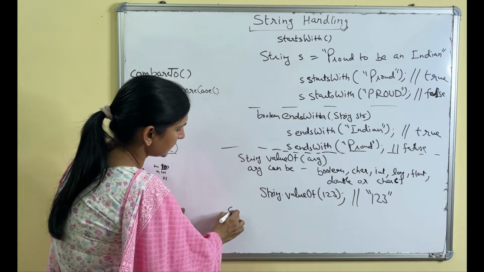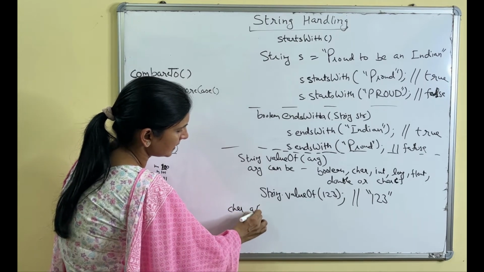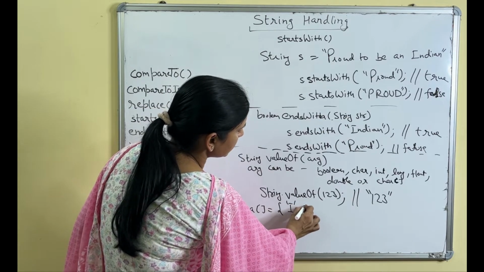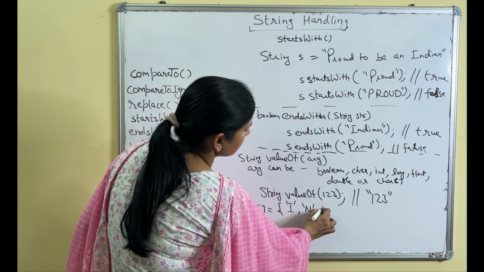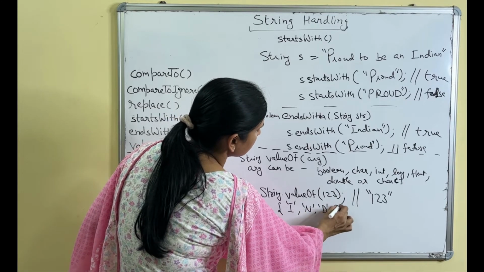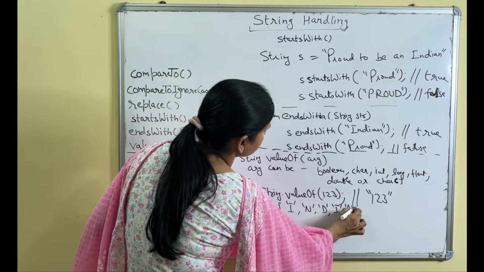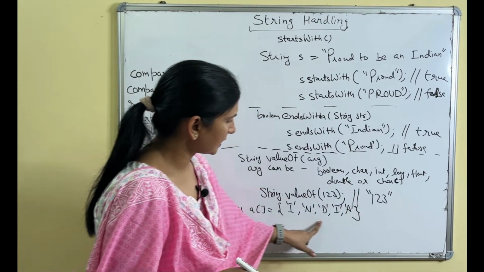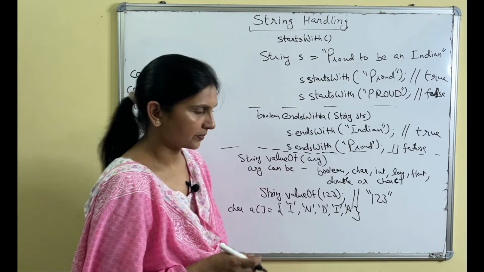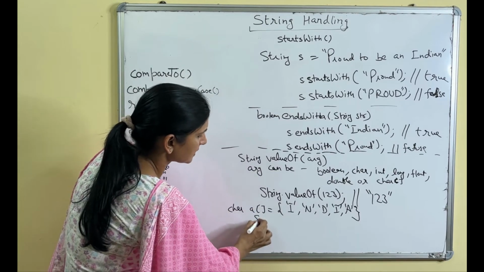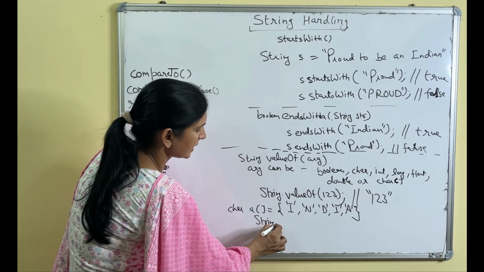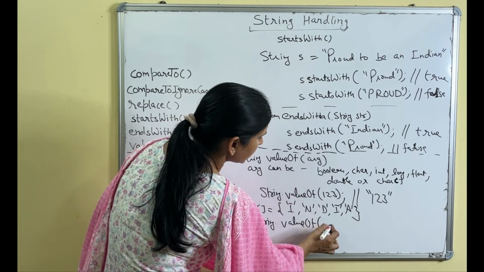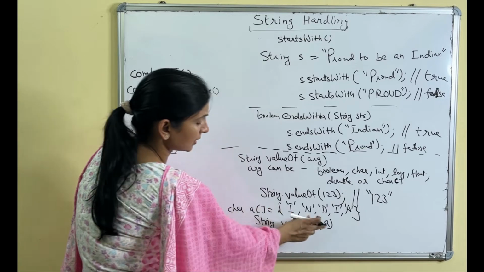And if I take a char array a with I, N, D, I, A, this is an array. A is an array having the collection of I, N, D, I, A, right? And when I pass the array as an argument in the valueOf function, what will I get? String.valueOf(a), I will simply write A here, the array name.